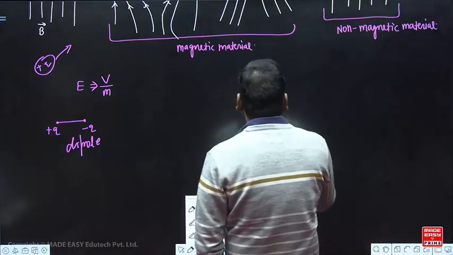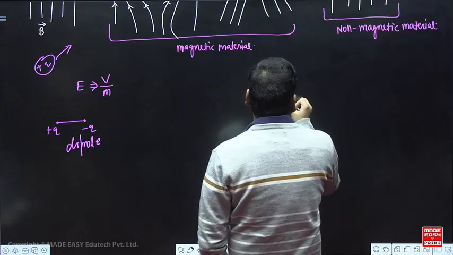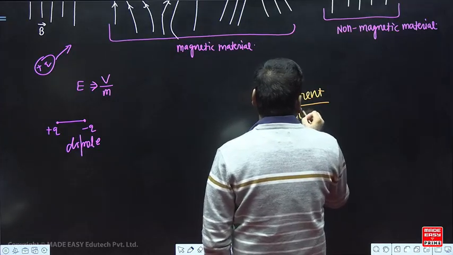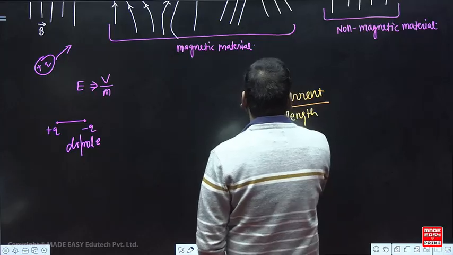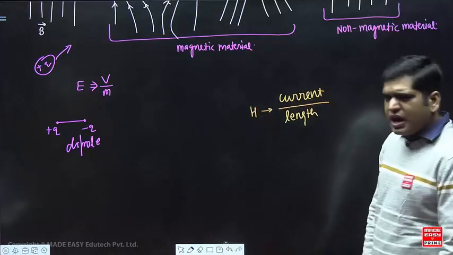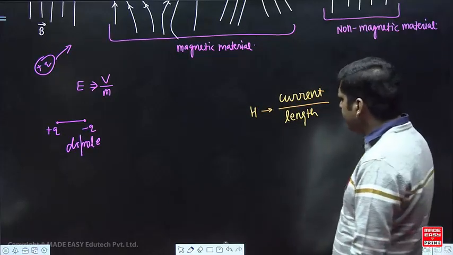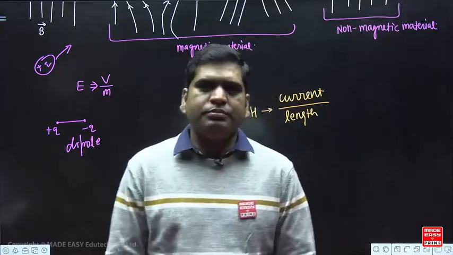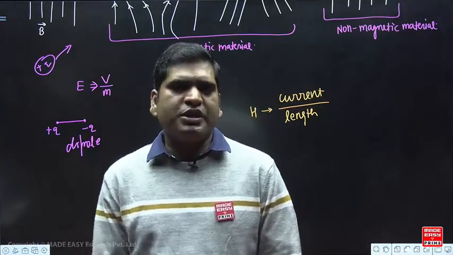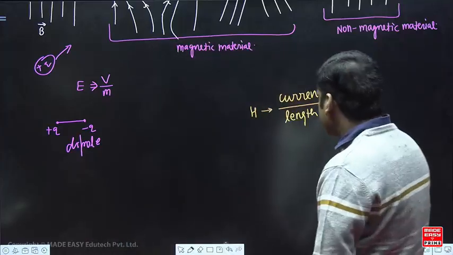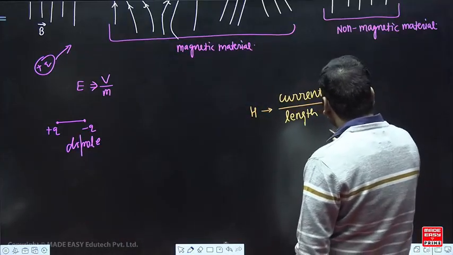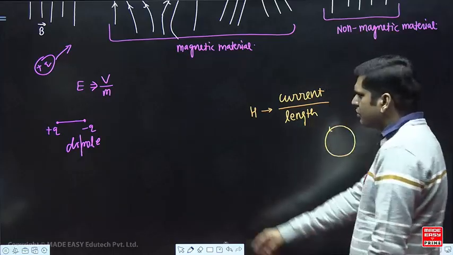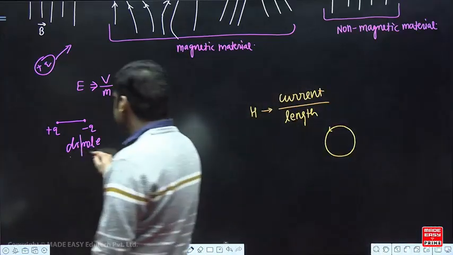Magnetic field is defined as current per unit length. Current cannot flow in an open path. So to get magnetism, we cannot have an open structure. There must be some closed path. So the fundamental element for magnetism cannot be an open path like this.